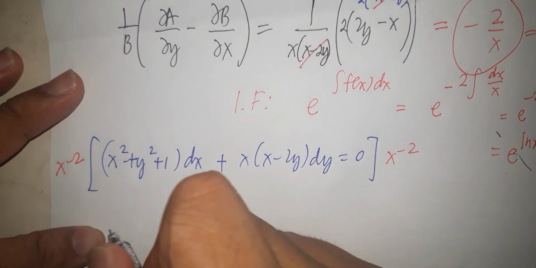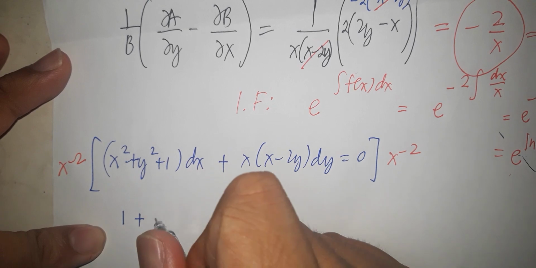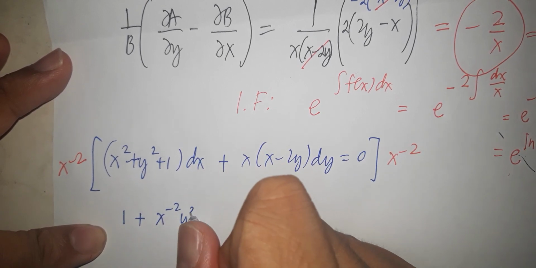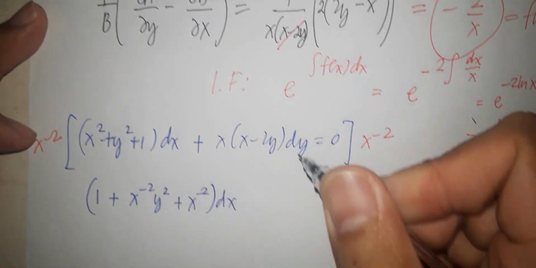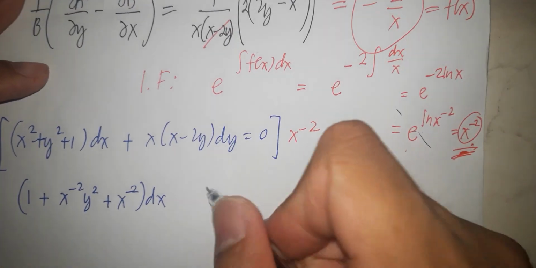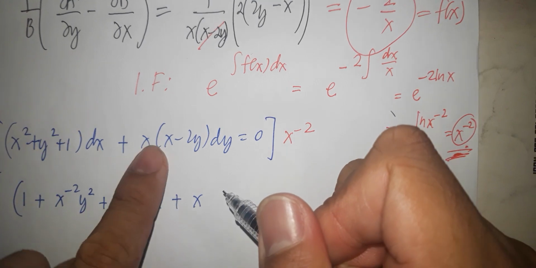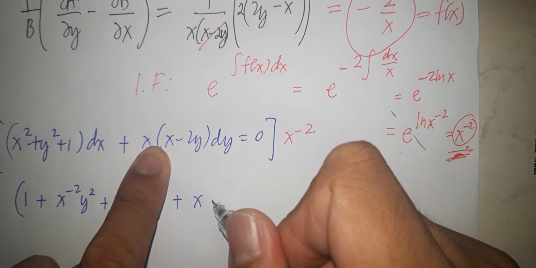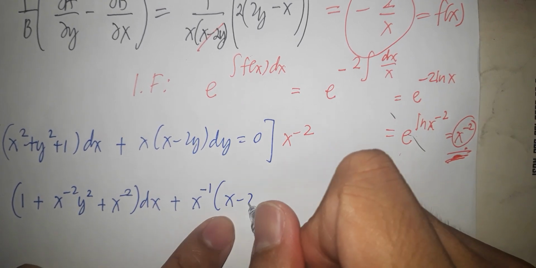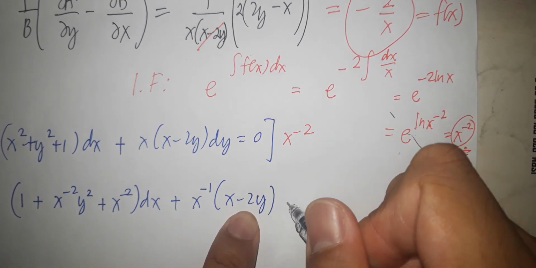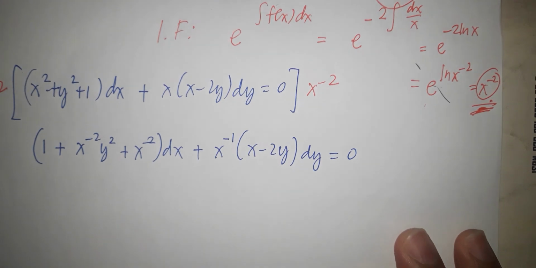So, let us try. Magiging itong 1 plus x negative 2y squared plus x negative 2 dx plus x squared times x negative 2. Sige, ano muna natin, x negative 1 times x minus 2y dy is equal to 0.